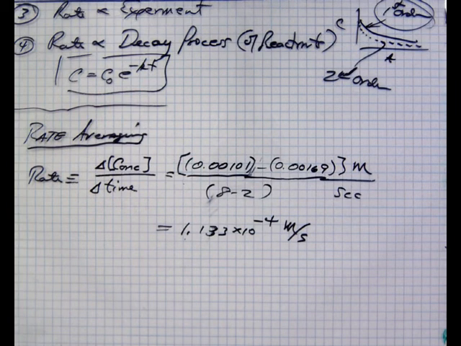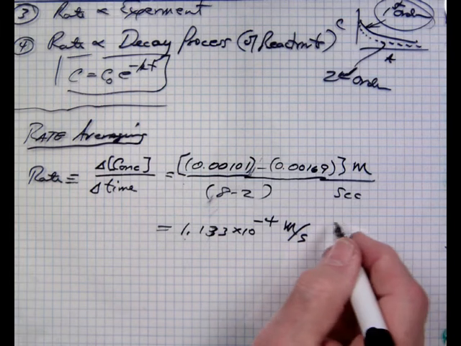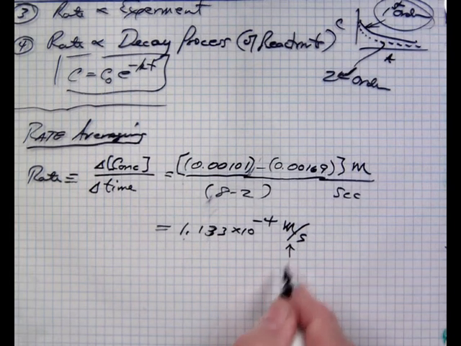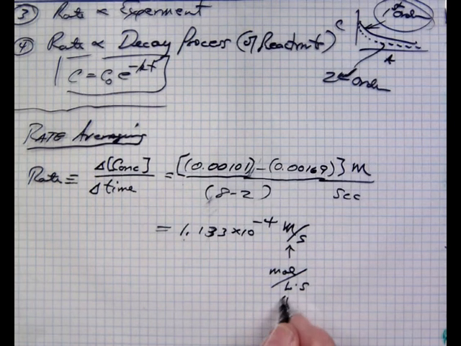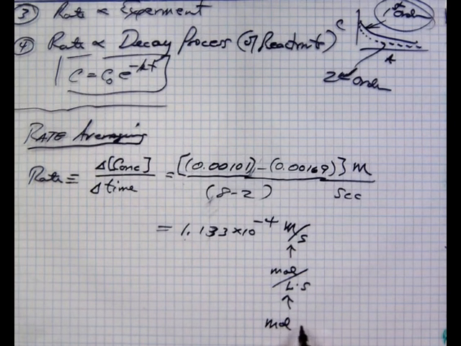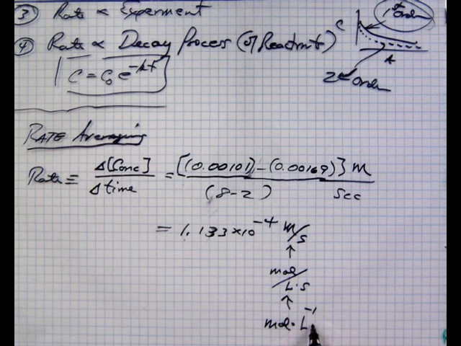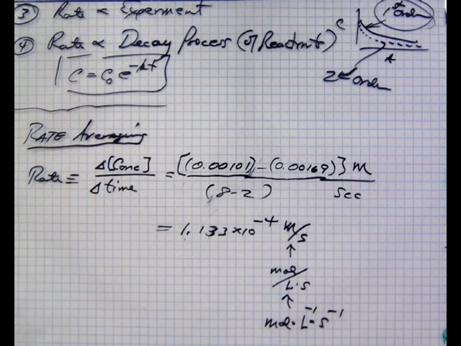That's a capital M on the numerator of the unit. Please note that. That's moles per liter. It could also be written mole, liters minus 1, seconds minus 1. All three of those are the same.